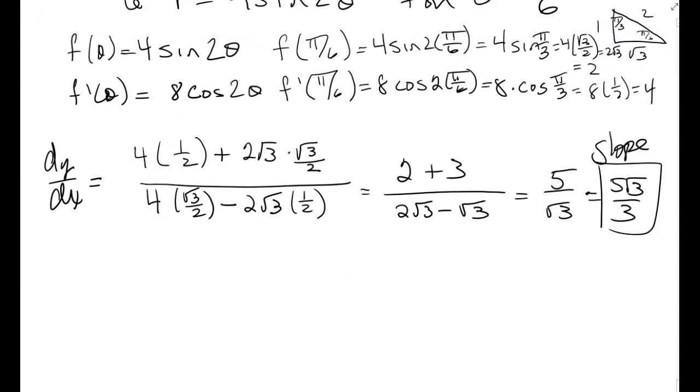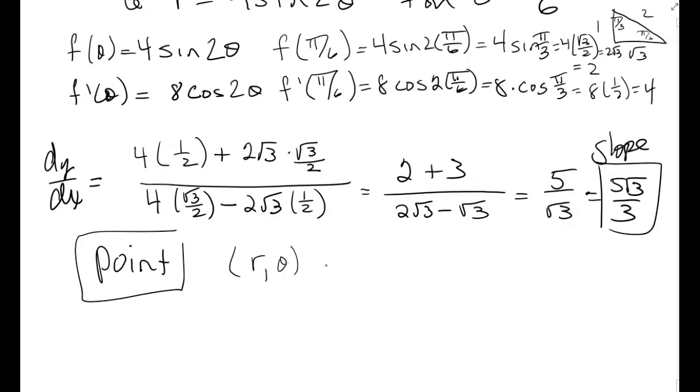So to finish the tangent line, you need a point. My polar point is r theta. And where is this occurring? Well, this is occurring at pi over 6. What's my r value at pi over 6?